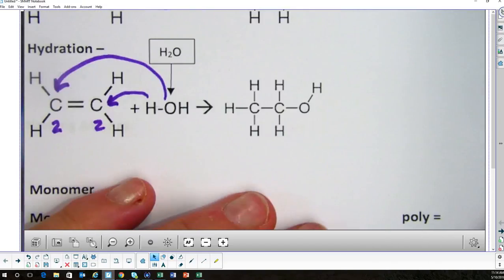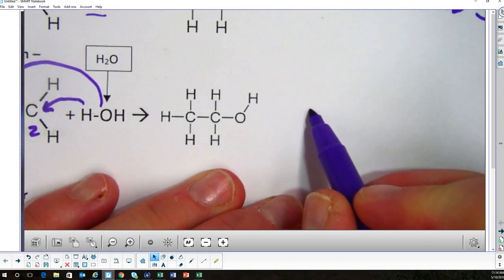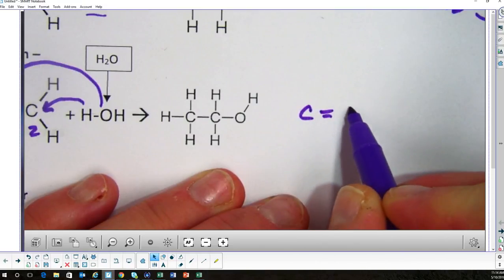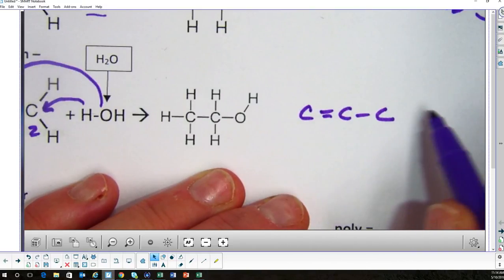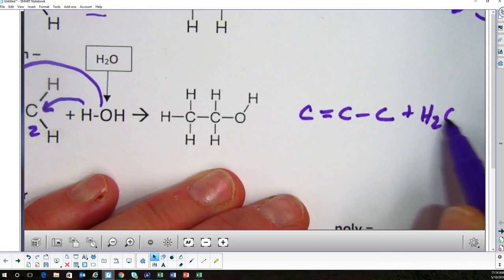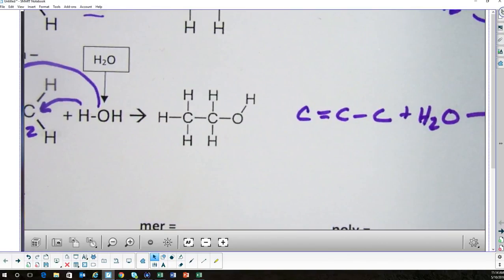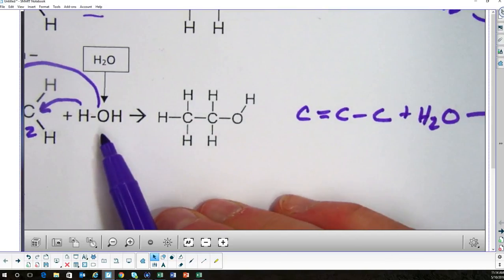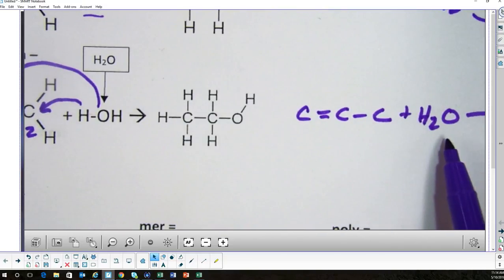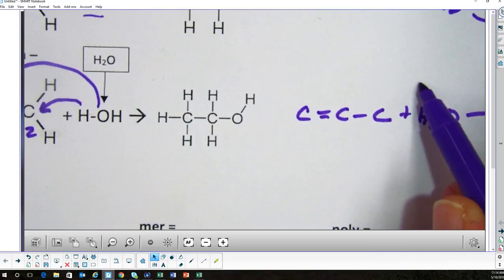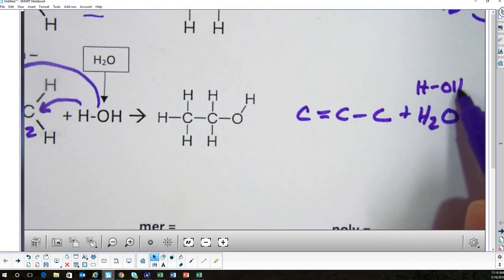But if I do a hydration in which I have something like this going on, and I add water to it, where is the alcohol, or the OH part, going to go? Now, she's not going to write water like this. She'll write it like this. So you have to remember that is H and OH, right?